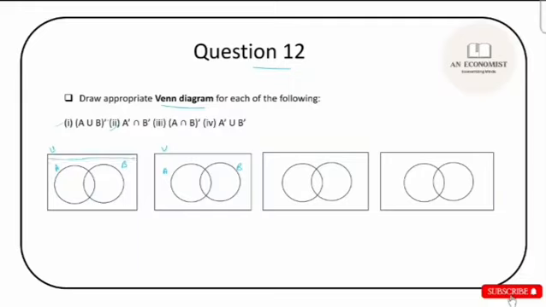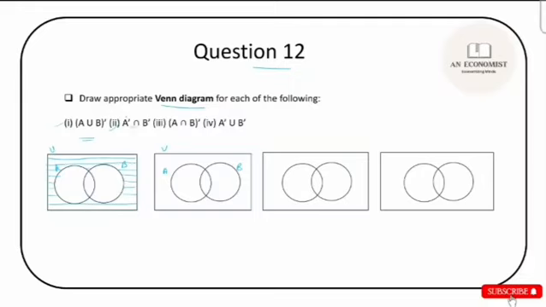So it will be something like this. You have to take into consideration everything except the two circles. It will be something like this. Everything except the two circles will be A union B complement.